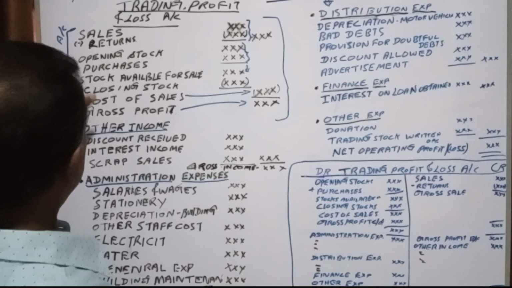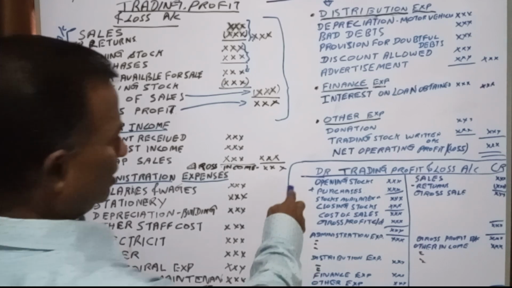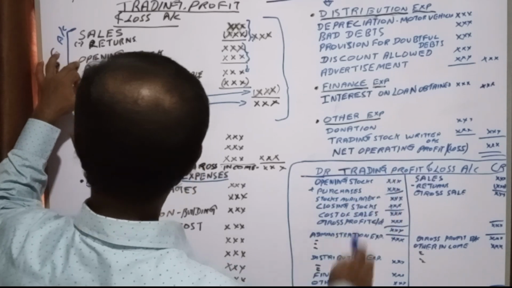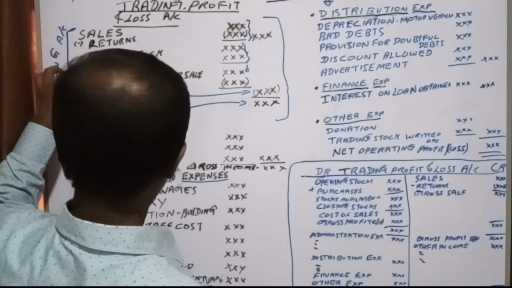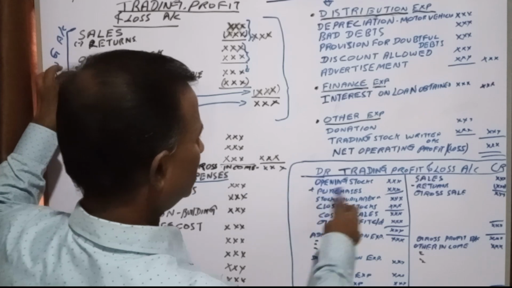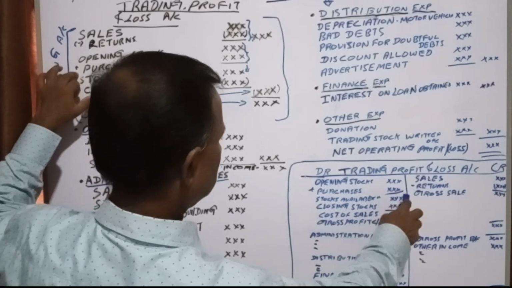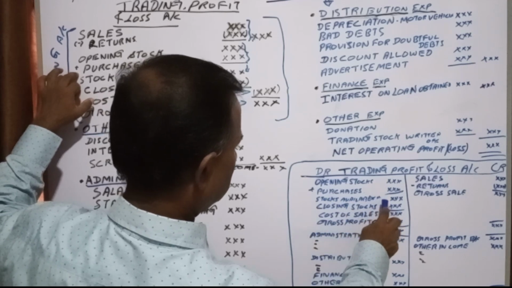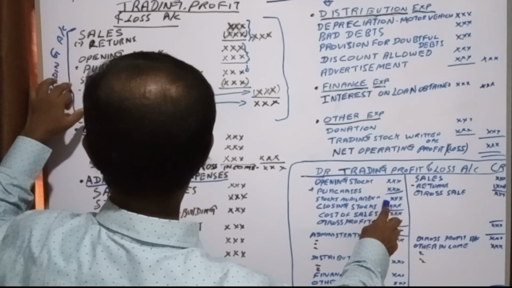Thereafter, opening stock, we are mentioning here on the debit side. Then the second one is we are adding the purchases to the opening stock. Then we are arriving at stock available for trading. Okay.